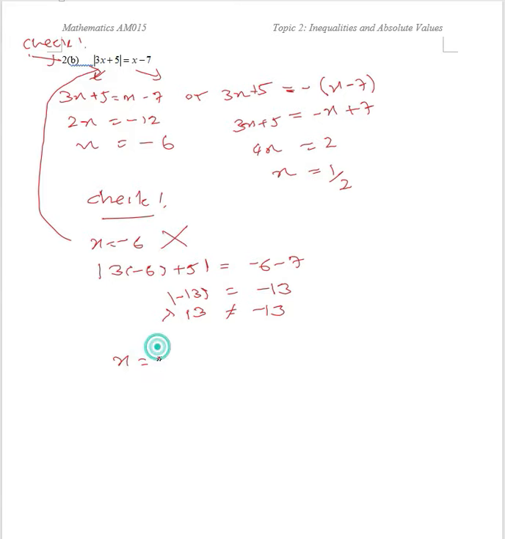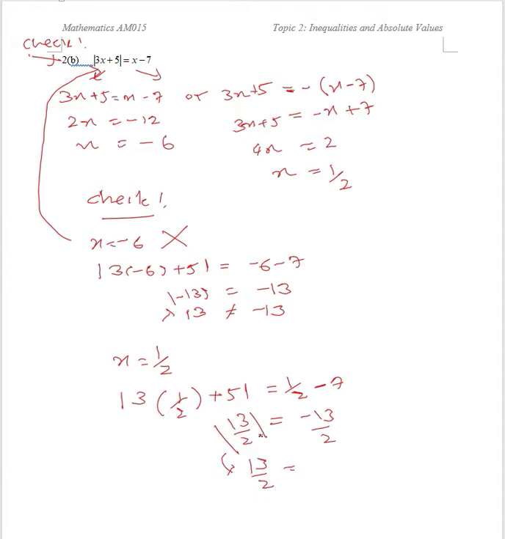Next, check the other x, which is positive 1 over 2, and substitute into the original question. After calculating, we have found that on the left side, we get absolute of 13 over 2, and the right side is negative 13 over 2. So for this question, you have to make sure that there's no more vertical bars here.